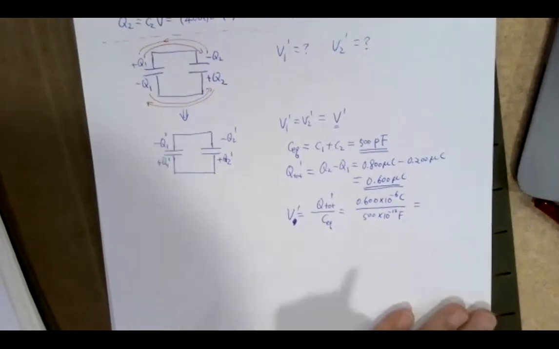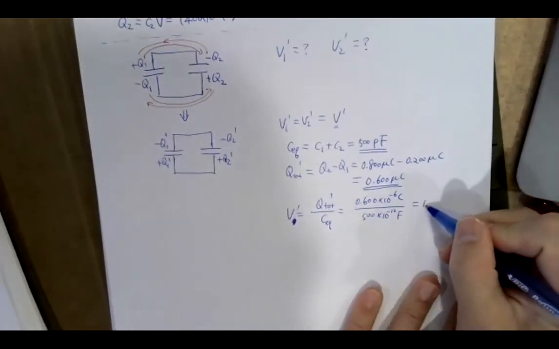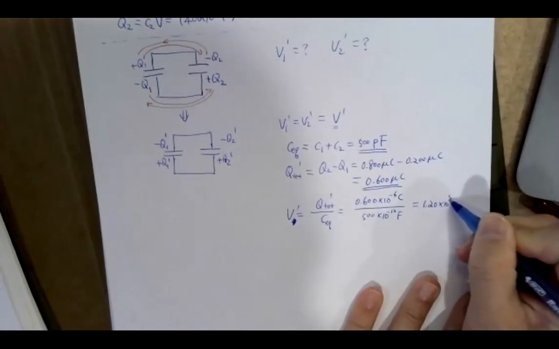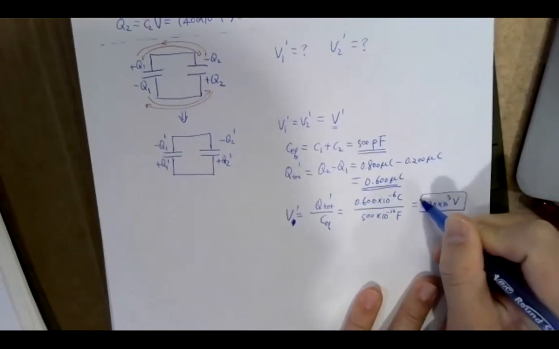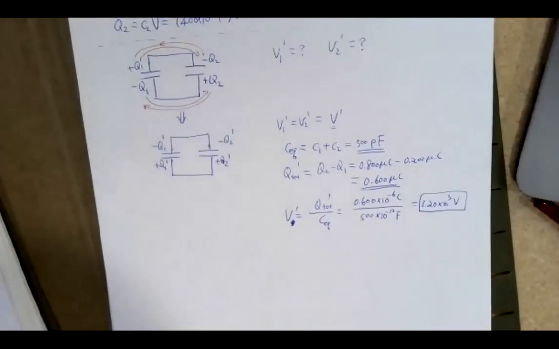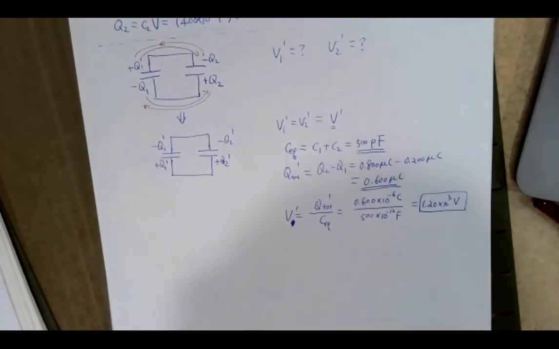That will give you 1.2 times 10 to the third volts, and that should be the potential on both capacitors. They would have the same because they are in parallel to each other.